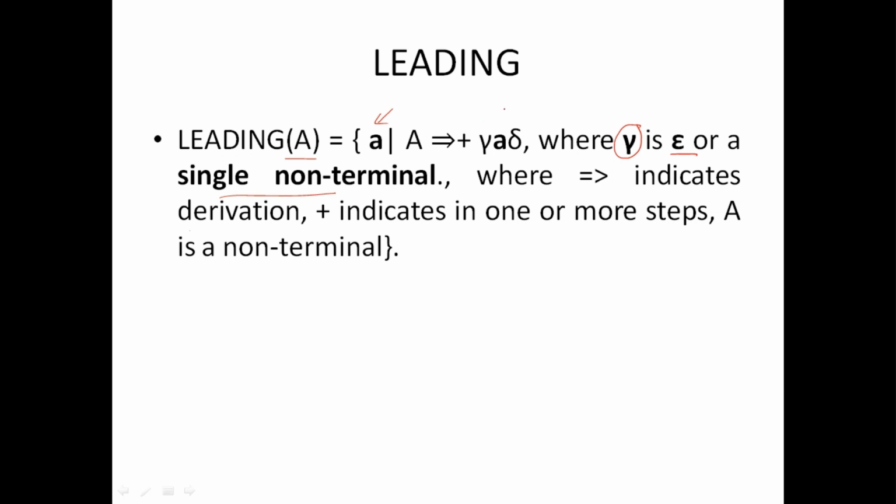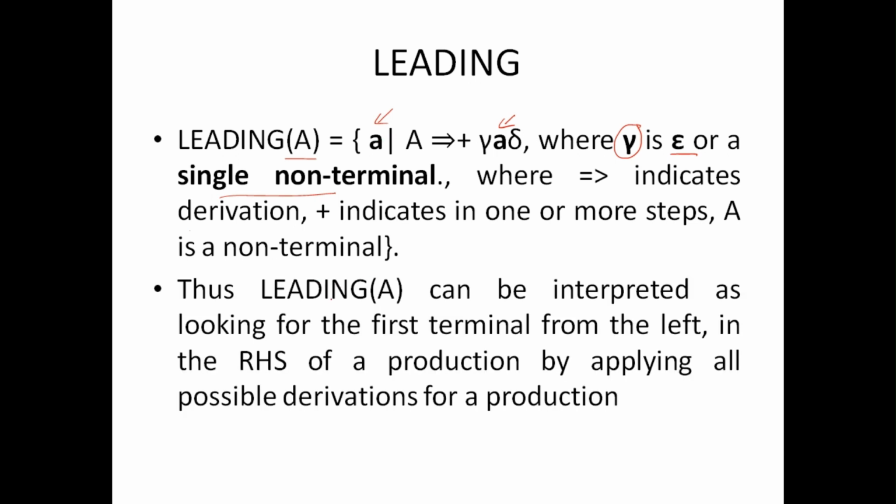These symbols are going to be put in leading of A. Thus, leading of A can be interpreted as looking for the first terminal from the left in the RHS of a production by applying all possible derivations for a production.